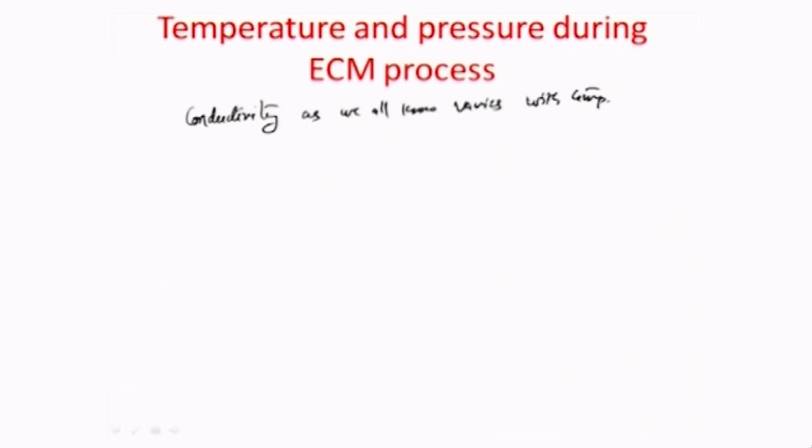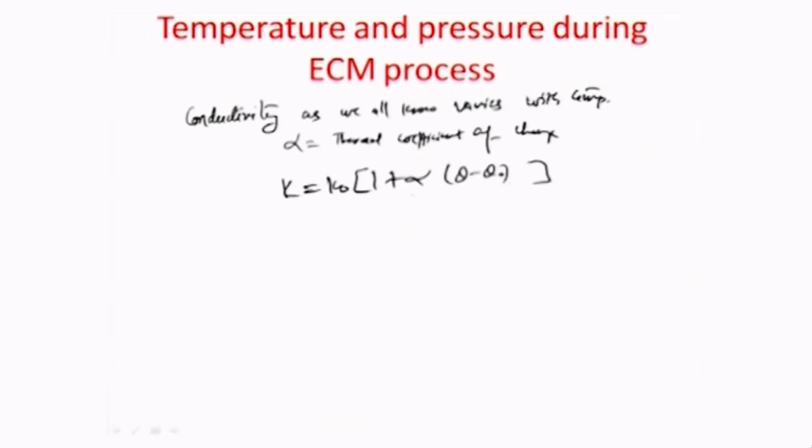Let us say it varies according to a thermal coefficient of change alpha, such that K is K0 times 1 plus alpha times theta minus theta naught.